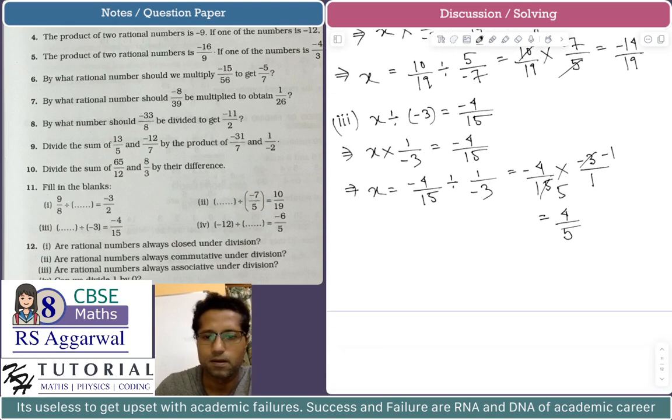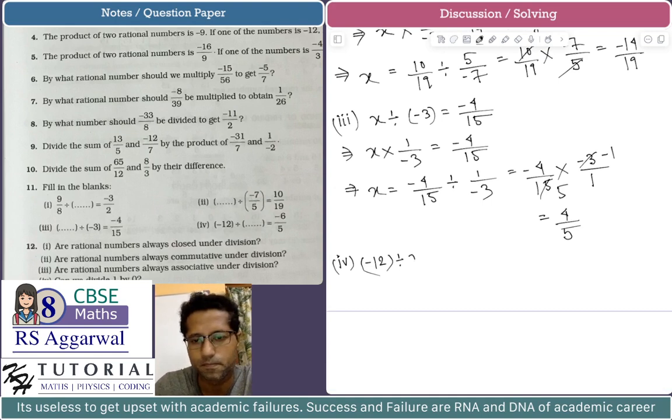Okay. Part 4, it is minus 12 divided by the blank, which I am assuming to be x, is equal to minus 6 by 5.